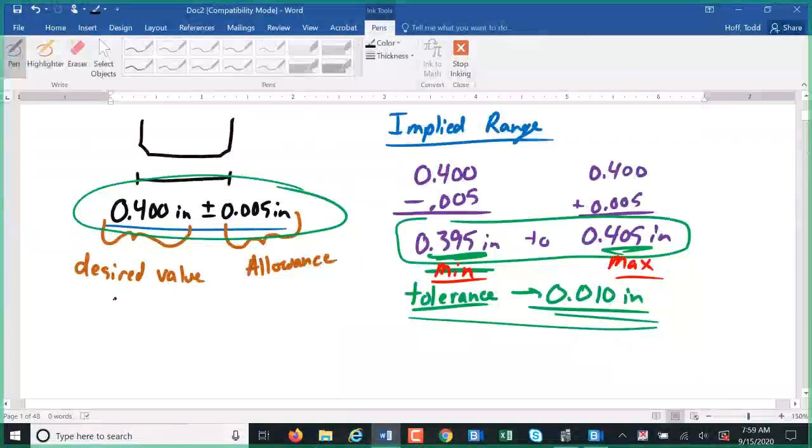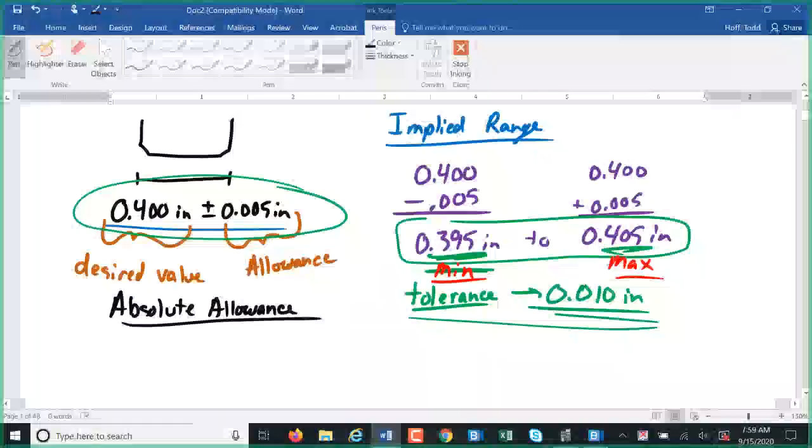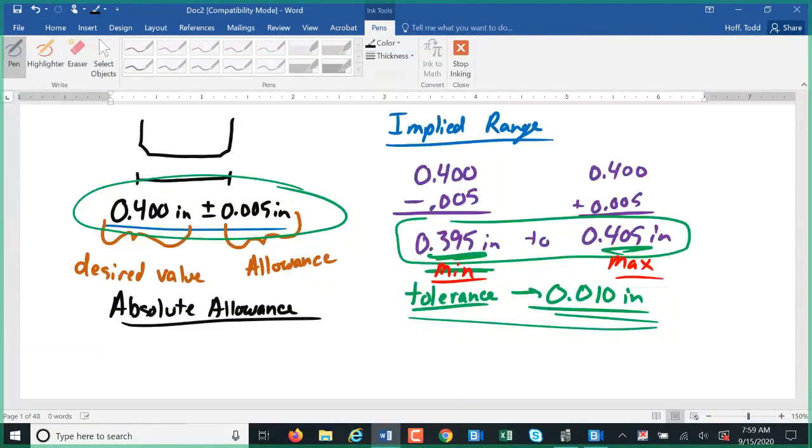This, by the way, is what's referred to as an absolute allowance. Five thousandths of an inch, plus or minus, period. It doesn't depend on what the desired value is.